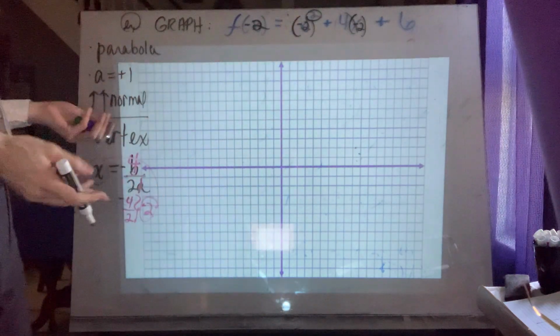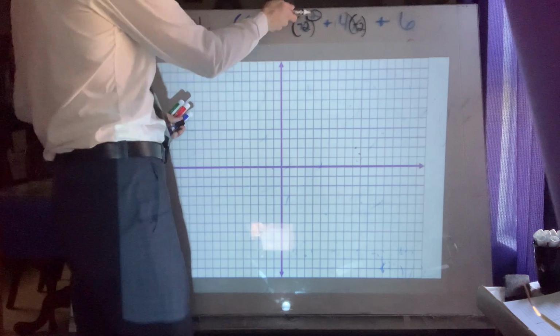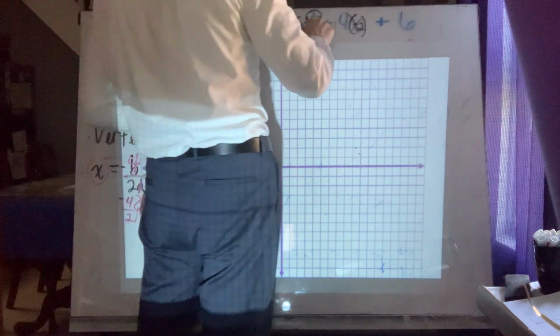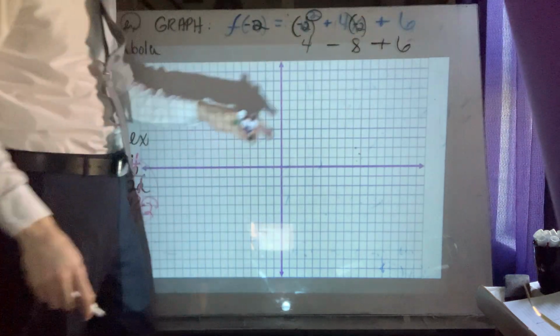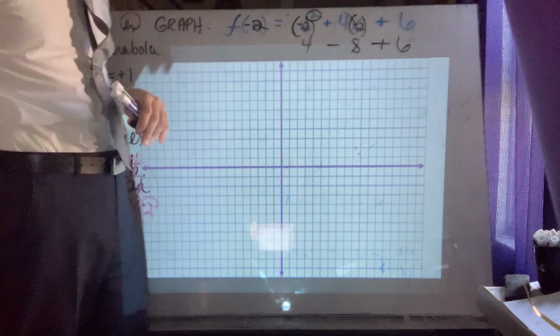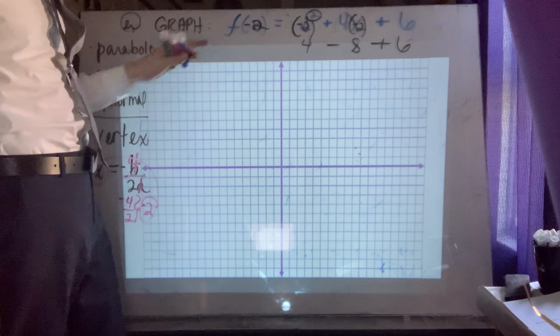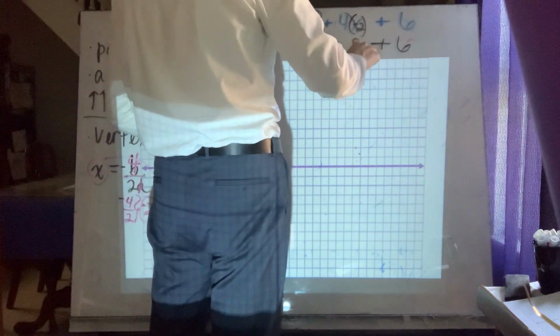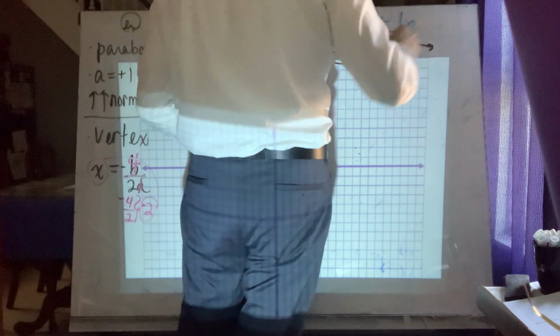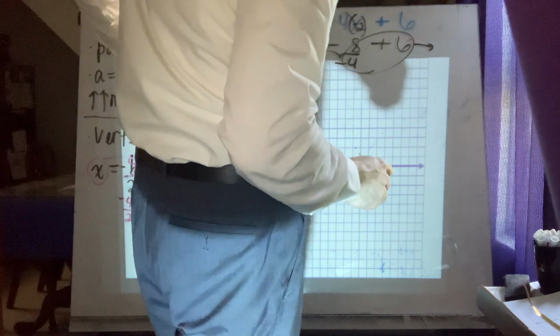Then follow the order of operations, which means you square first, so this is a 4. That would be -8, and this would be +6. Adding and subtracting are equally important opposite operations, so you work from left to right. This would be -4 plus 6, and that should be 10.